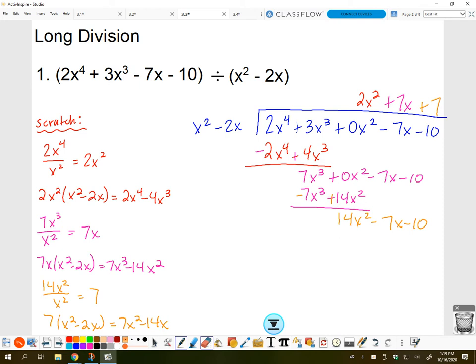Oh, I just divided by 2 when I shouldn't have. This should clearly be a 14. Sorry if I just thoroughly confused you. Okay, back up to here. This is clearly 14.